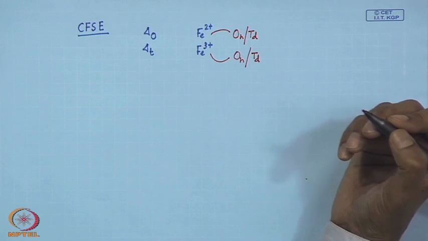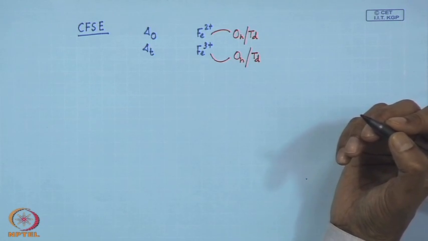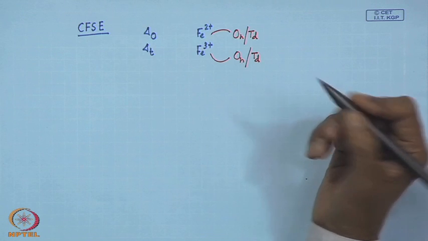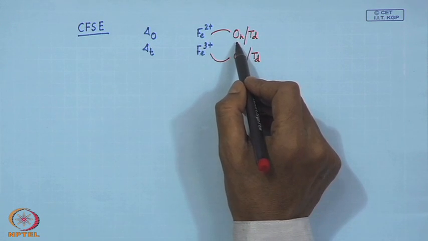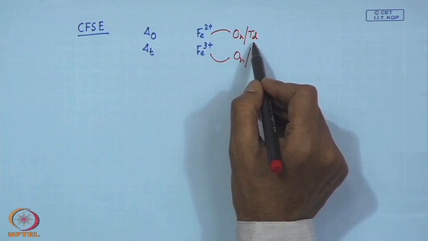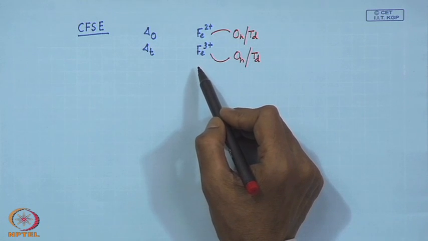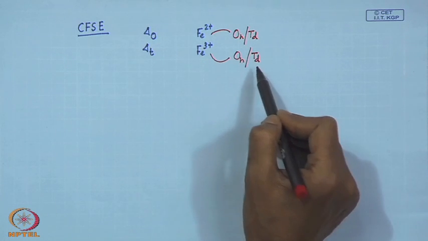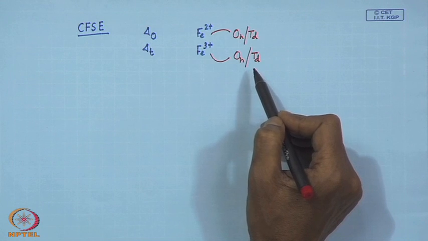So, simple calculation of the CFSE values will immediately tell us whether we will have the Fe2+ in the octahedral site or the tetrahedral site, or the Fe3+ in the octahedral site or the tetrahedral site.